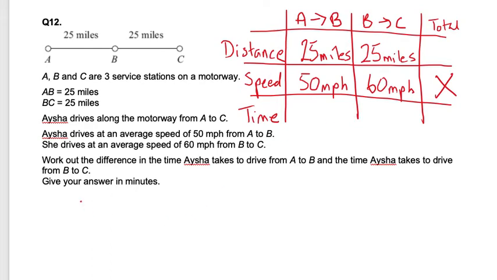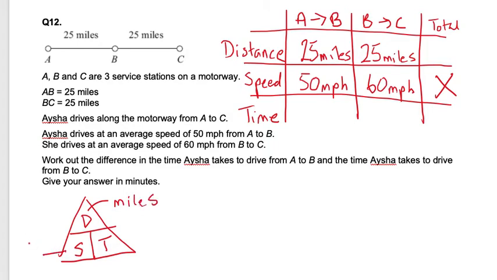So what we're looking at is the triangle, or the formulas, whichever way you remember it. Speed is distance divided by time. Now, I always label it so that I make sure my units are right. The distance is in miles. The speed is in miles per hour, because that is what's on the question.